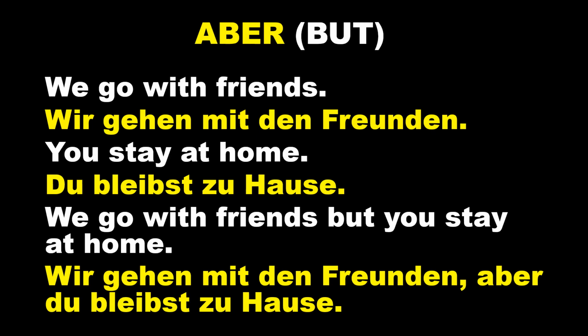Here you can see we have combined these two sentences into one using aber. Don't forget that we have to use a comma before aber. Ganz klar, ganz einfach as well.